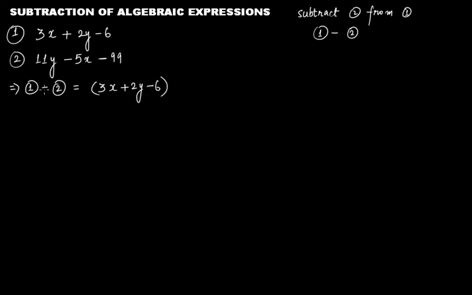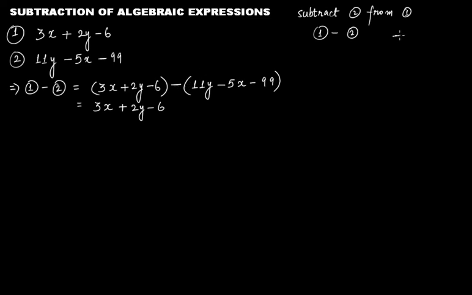Then you have to subtract, so a minus sign, and put this bracket: 11y minus 5x minus 99. Okay, so now let's open the bracket. This becomes 3x plus 2y minus 6. Minus sign outside the bracket, within the bracket is plus.